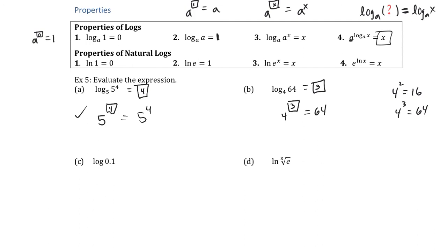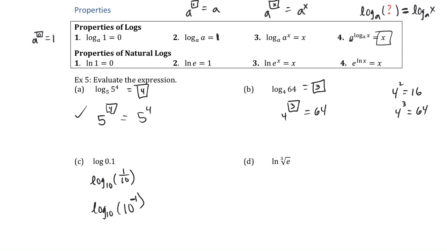All right, let's look at this one. This one, I usually put that base of 10 in there just to help myself, and 1/10. I would say that fraction out loud as 1/10, so I'll just write it as a fraction. Okay, and then 1/10 is the same thing as 10 to the negative 1.